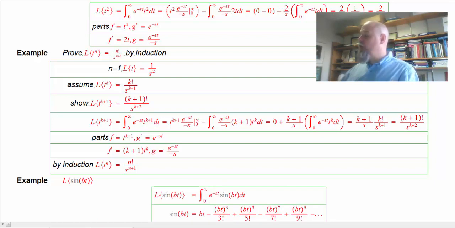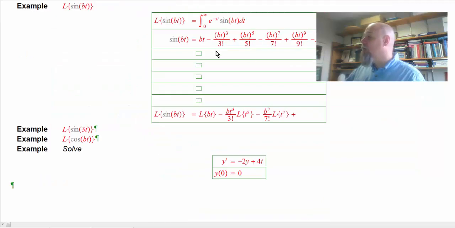So here's the Maclaurin expansion of sine of bt. We've just written it out. It's all the odd powers because sine is an odd function. But really the nice thing about that is we've now turned sine into a polynomial. So if I want to take the Laplace of sine of bt, I'm just taking the Laplace of this polynomial.